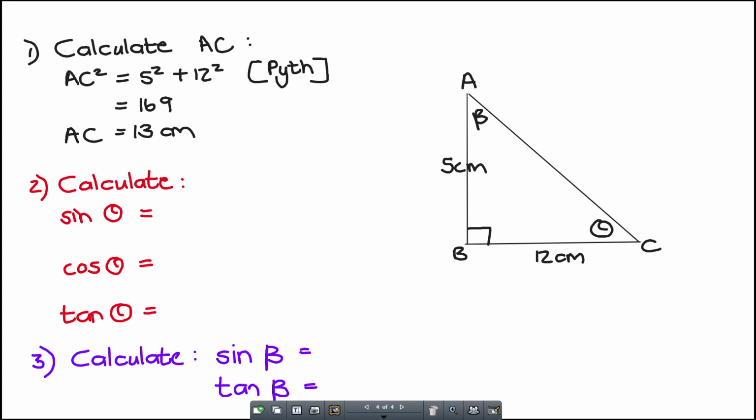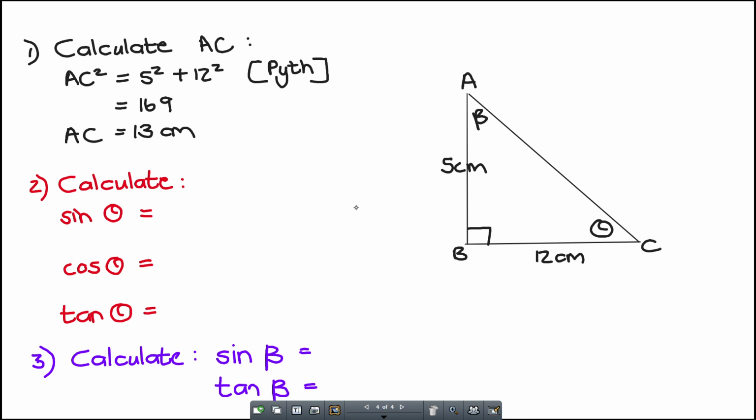Did you guys all get 13? Okay. Wie is nog besig hier?